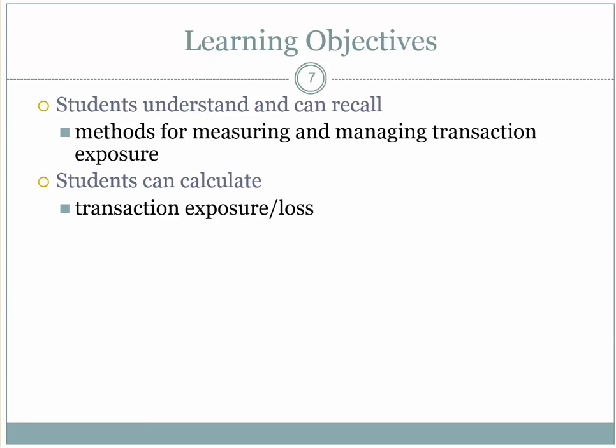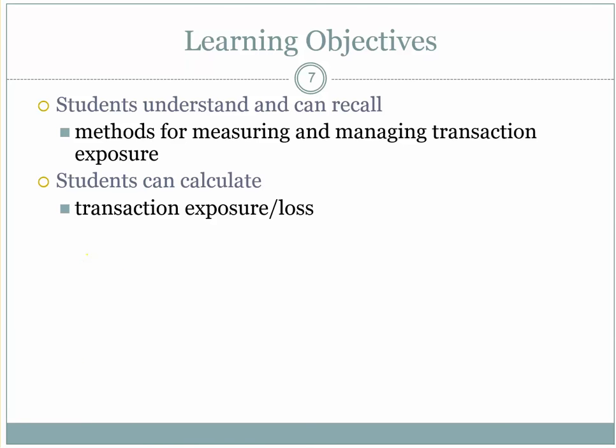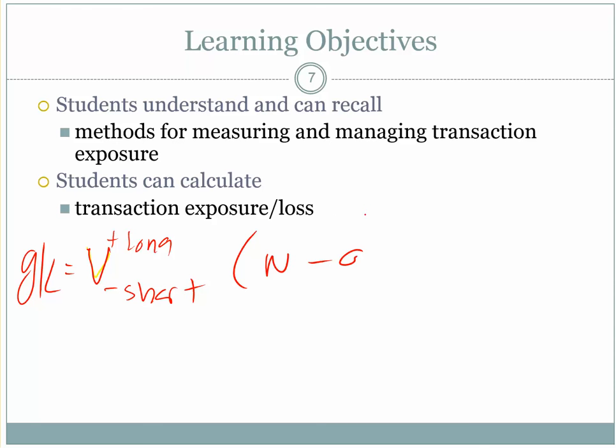So that's transaction exposure. We learned about the methods for measuring and managing transaction exposure and how to calculate gains and losses. The important thing to remember here is whenever you're calculating a gain or a loss, both for translation and transaction, the gain or loss is equal to the value of the position, plus if it's long, minus if it's short, times the new minus old exchange rate.